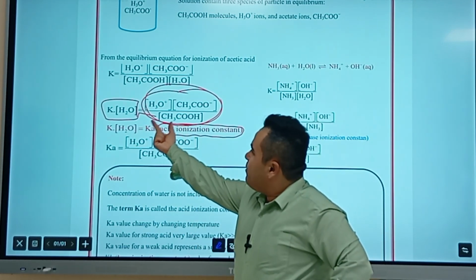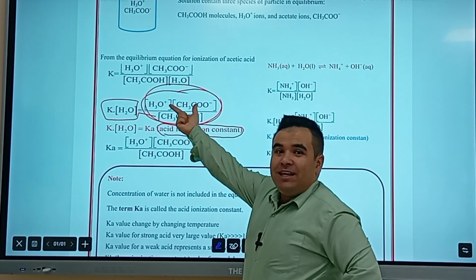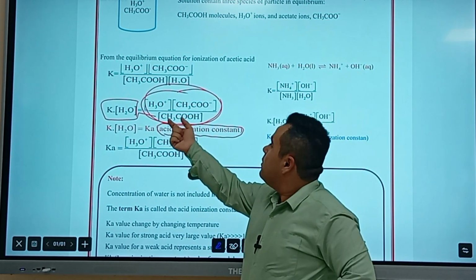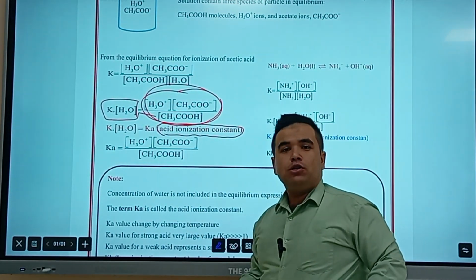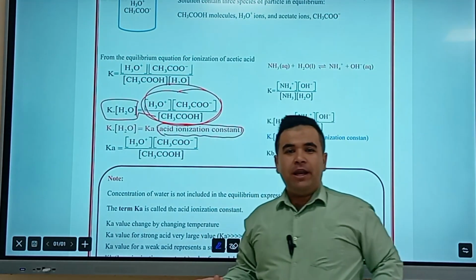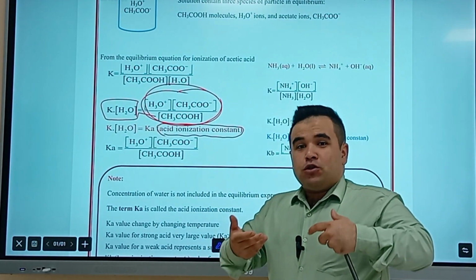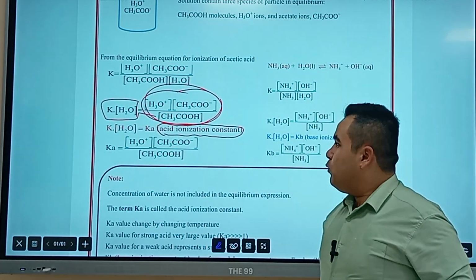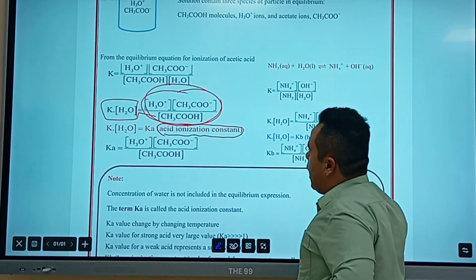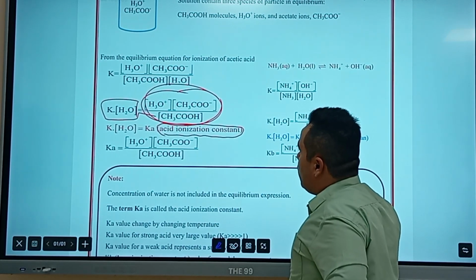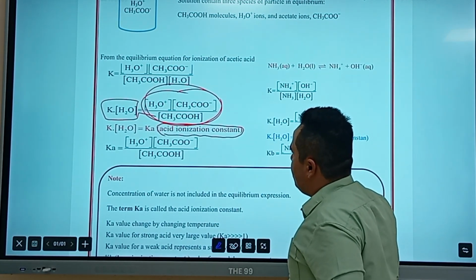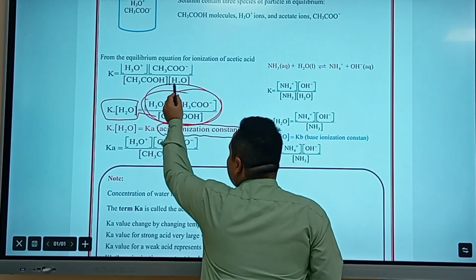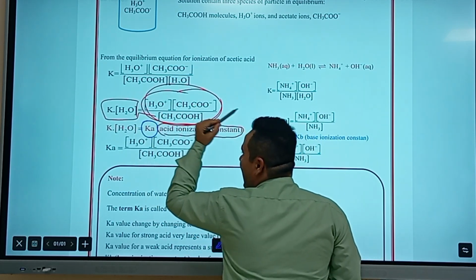Because Ka is obtained by dividing the hydronium and anion concentrations by the concentration of the non-ionized acid molecules. So through the Ka value, we'll be able to determine the degree of ionization and the molarity, or concentration, of each ion in the solution.